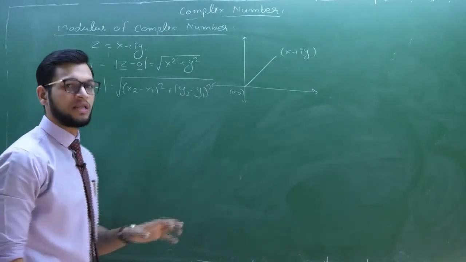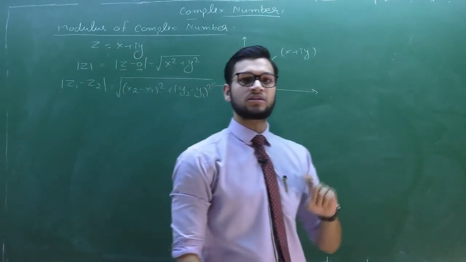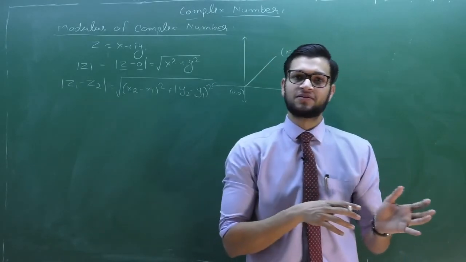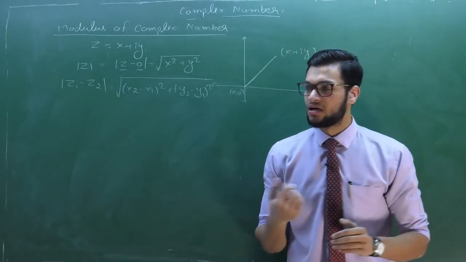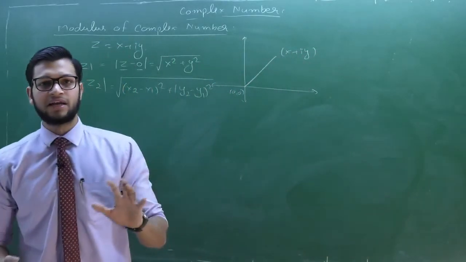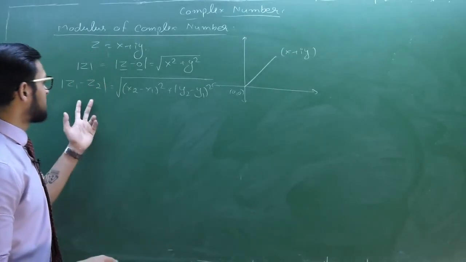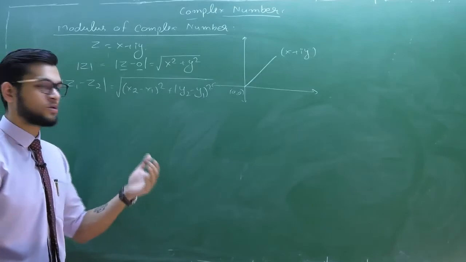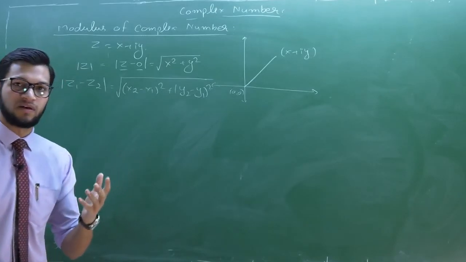So now we can simply link this modulus with the distance. Mod of z means the distance between origin and z. Or mod of z1 minus z2 means the distance between z1 and z2.